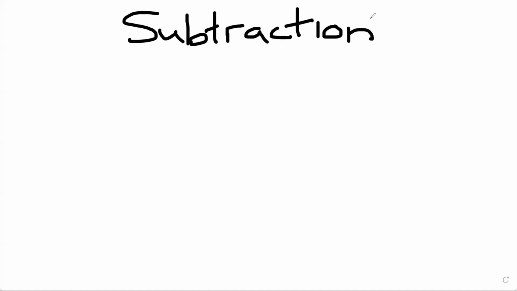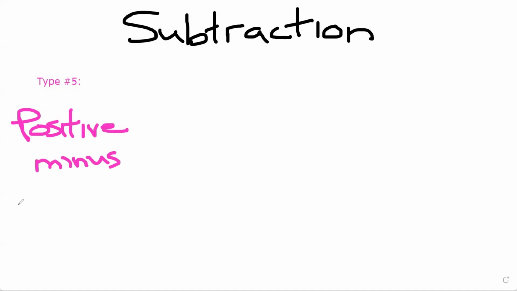I want to tell you up front what those three types are, and then we will jump right in and get started. So the first type of problem that we are going to do, I'm just going to keep going with our numbering here. This is going to be type number 5, what we call positive minus a negative.